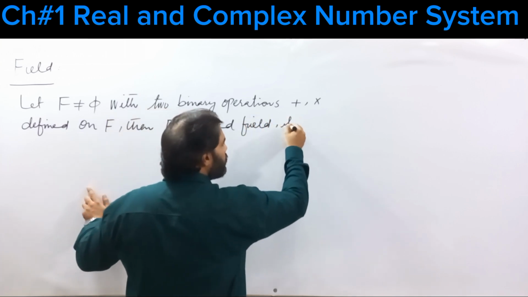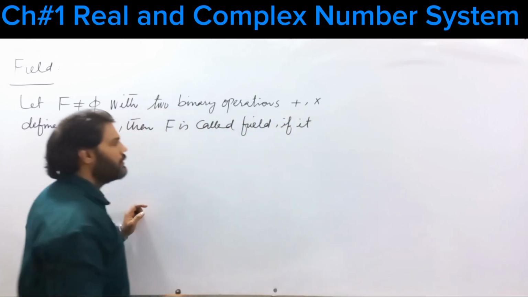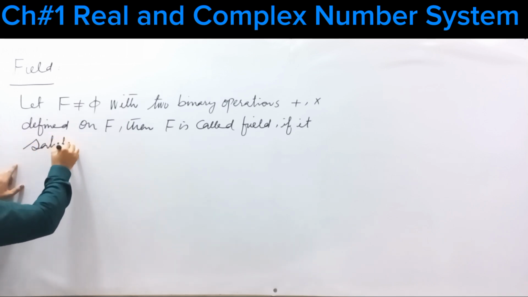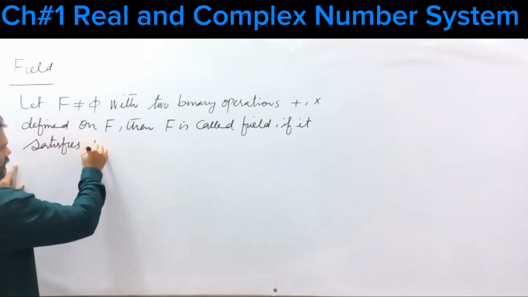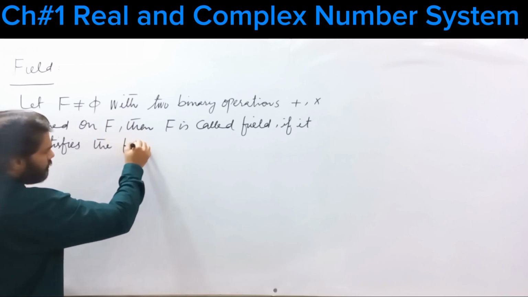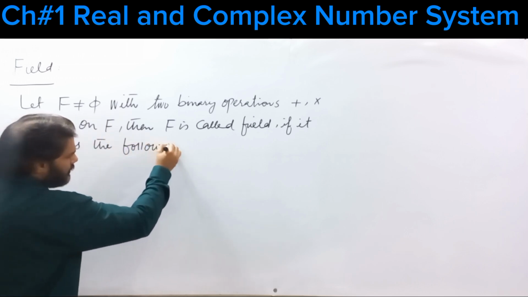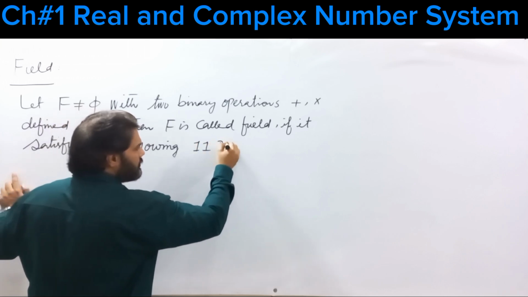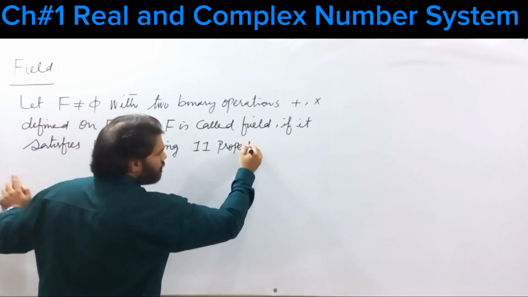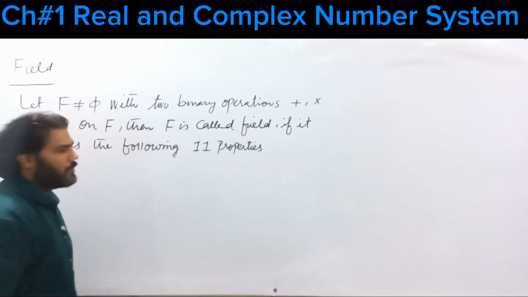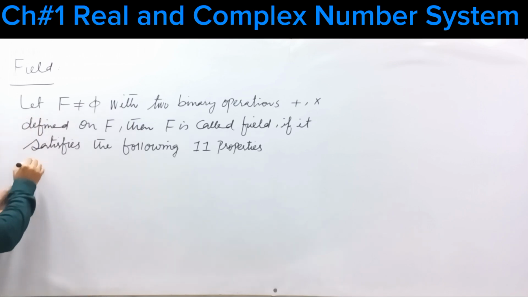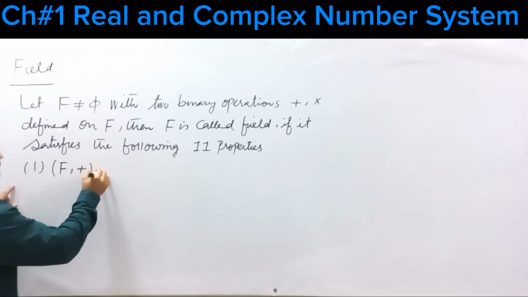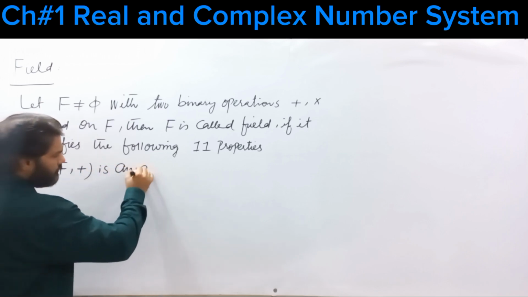if it satisfies the following 11 properties. First, F under plus is an abelian group.